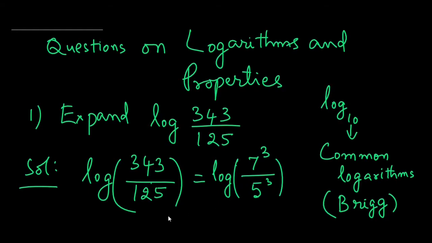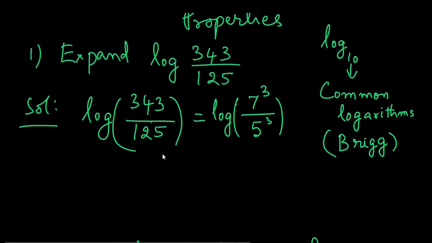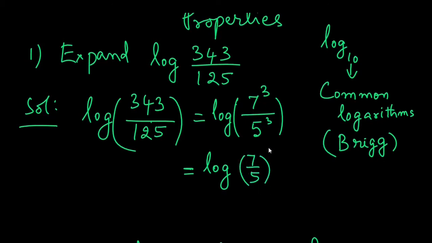So this is equal to, now we can write it as log of (7 by 5) whole power 3.